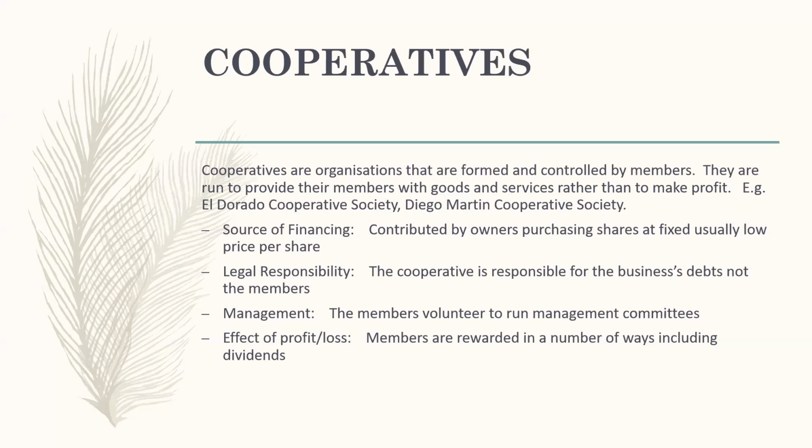Of course, the source of financing is something like Price Mart. You pay a fixed amount of money for membership. I think it's about $200 now to get a Price Mart membership card.